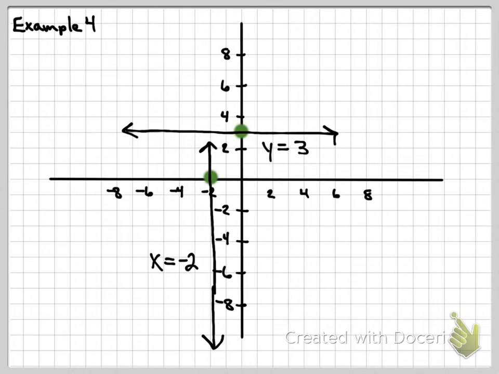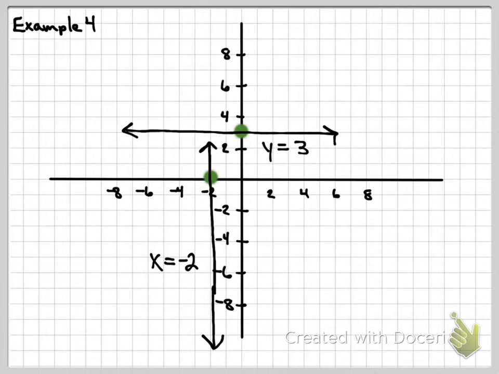Now, the last thing we need to talk about is one of these lines is a function and the other one is not. Now, one of these equations would pass the vertical line test. The other one would fail it miserably because it is a vertical line, right? So a horizontal line is a function.